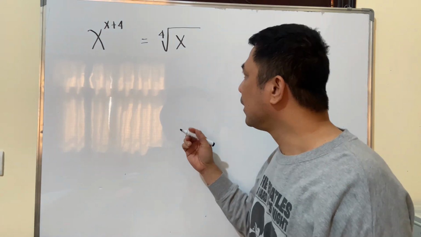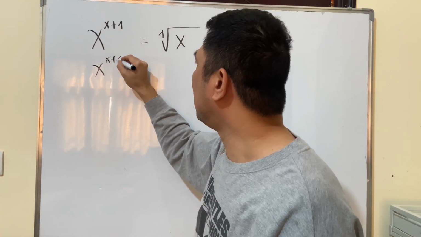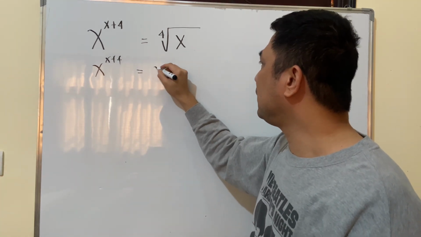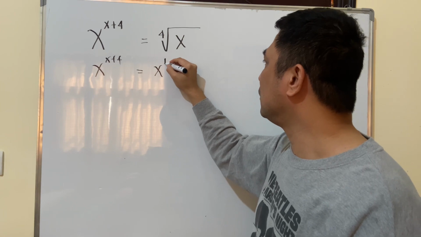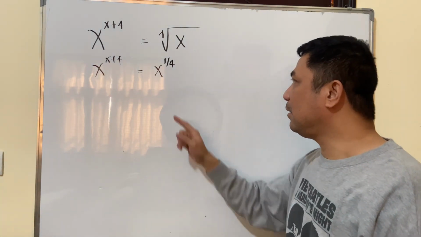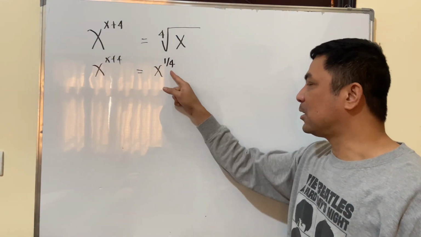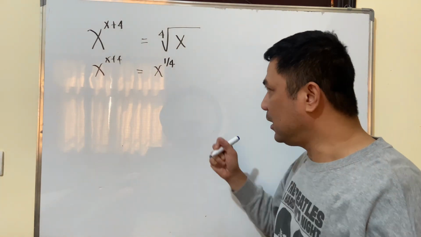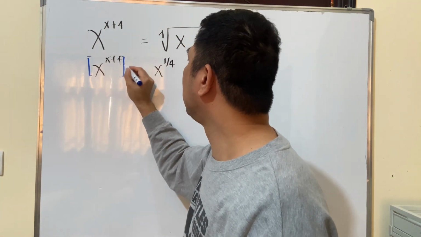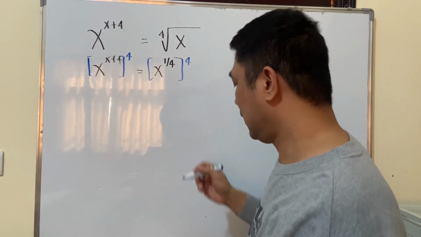So you have here x raised to x plus 4, and the fourth root of x can be written as x raised to 1 over 4. If you want to get rid of the fraction exponent here, what you can do is just raise both sides of the equation to the 4th power.